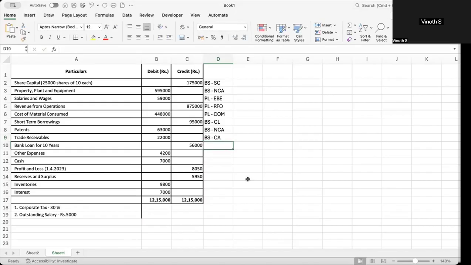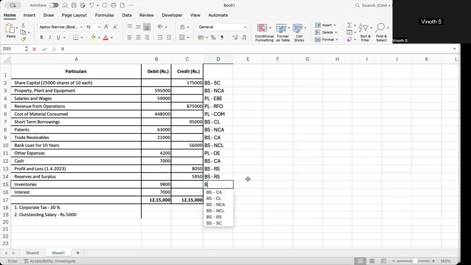Bank loan for 10 years appears on the credit side, so it's a non-current liability. Other expenses, P&L, OE. Cash, balance sheet, current asset. Profit and loss opening balance will appear in reserves and surplus, RS.